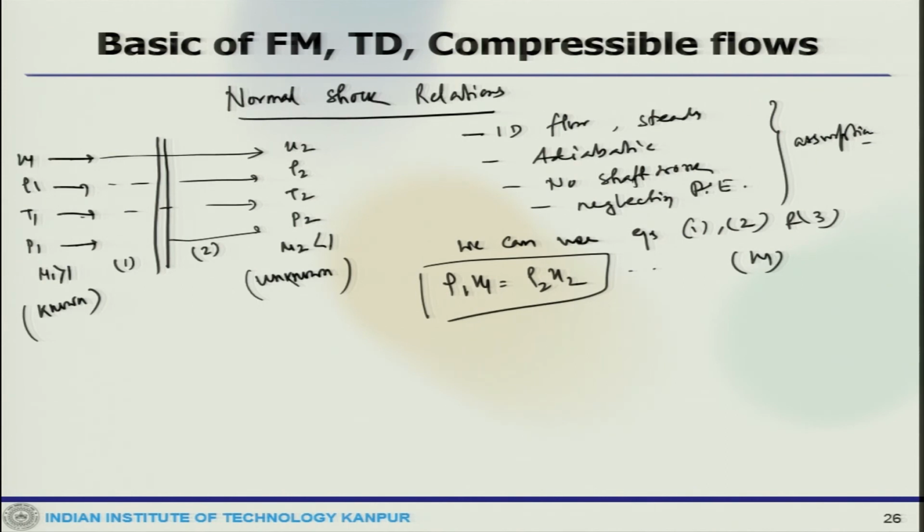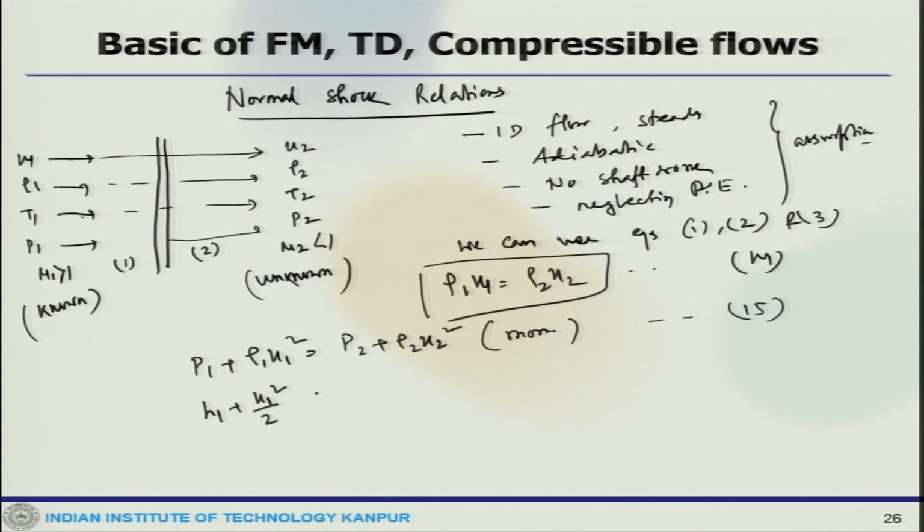And we can write P 1 plus rho 1 u 1 square equals P 2 plus rho 2 u 2 square, which is momentum, that is 15, and h 1 plus u 1 square by 2 equals h 2 plus u 2 square by 2, which is energy, that is 16.